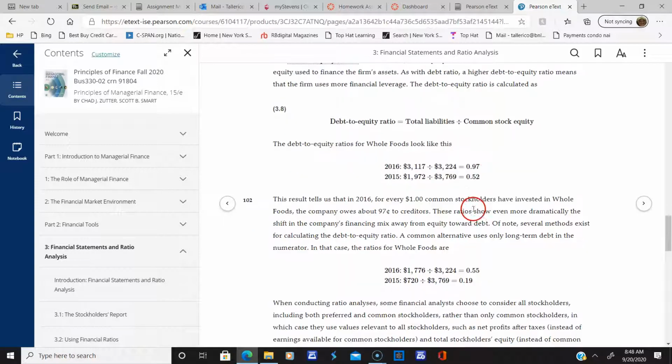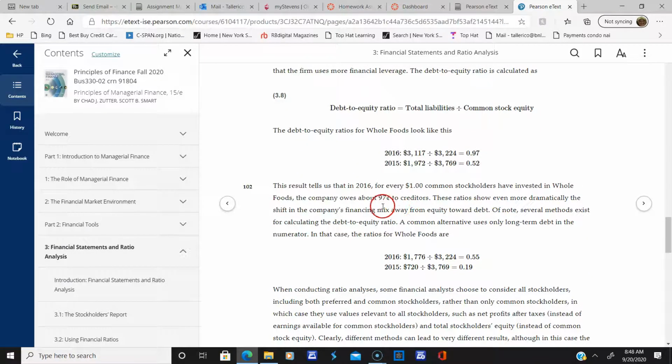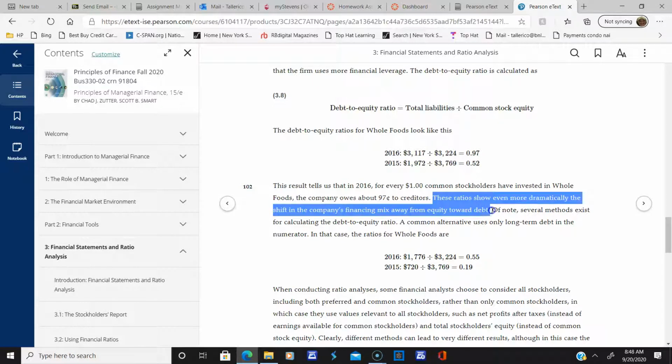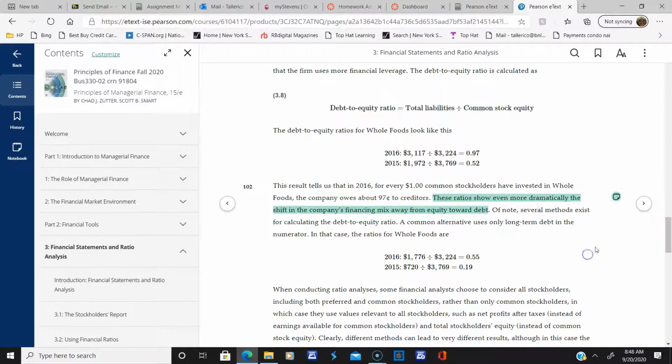You should know that. So what does the result say? For every dollar in common stock that shareholders have invested in Whole Foods, the company owes about 97 cents to creditors. You can see there's a shift in the company's financing mix away from equity to debt, and that's an important statement being made here.